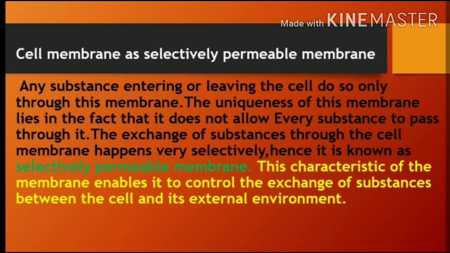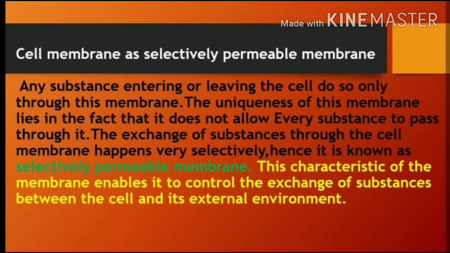The uniqueness of this membrane lies in the fact that it does not allow every substance to pass through it, because the exchange of substances through the cell membrane happens very selectively. Hence it is known as a selectively permeable membrane, and this characteristic enables it to control the exchange of substances between the cell and its external environment. This is the unique character of the cell membrane which I have discussed here.